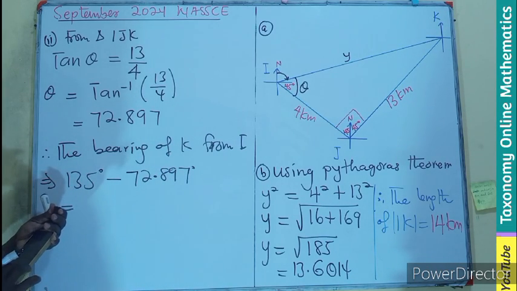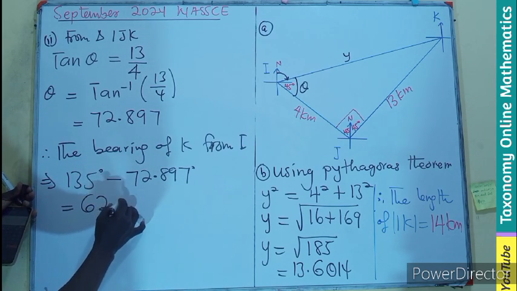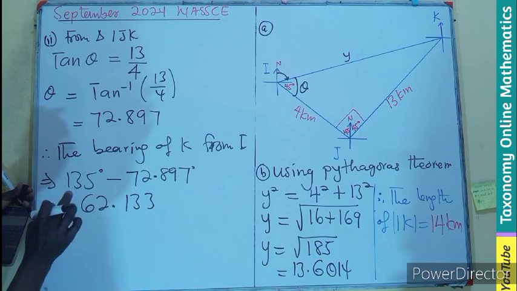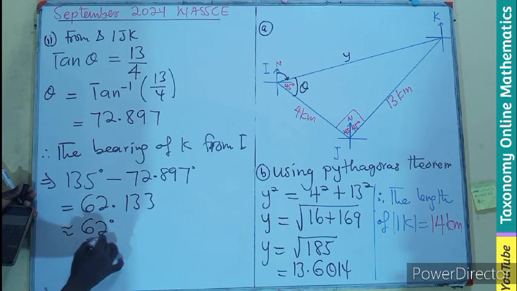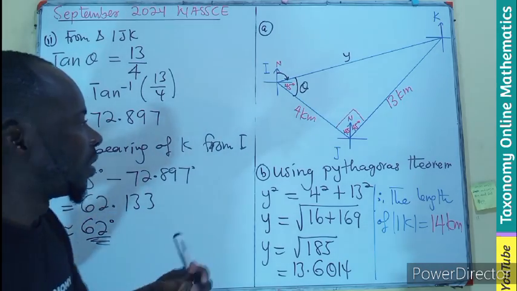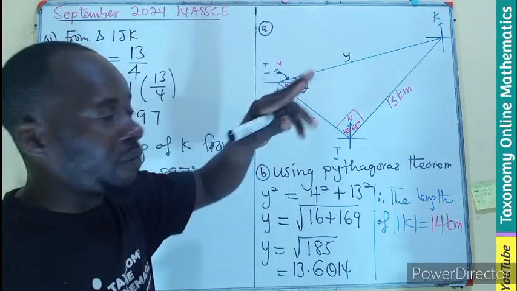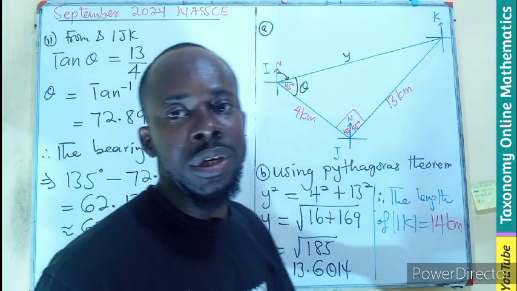So let's see what that will mean. That will be 62.133, which, to two significant figures, will be 62 degrees. So the bearing of K from I is going to be 62 degrees.